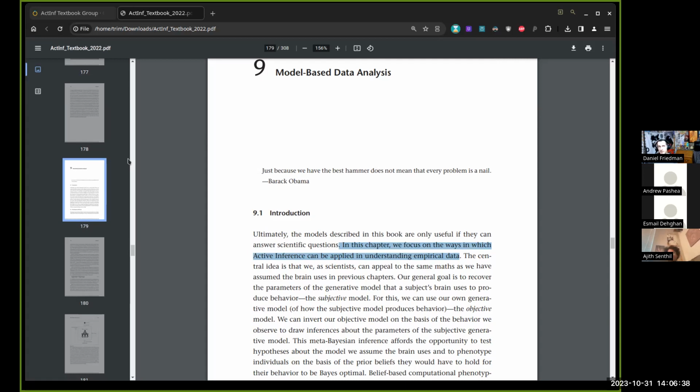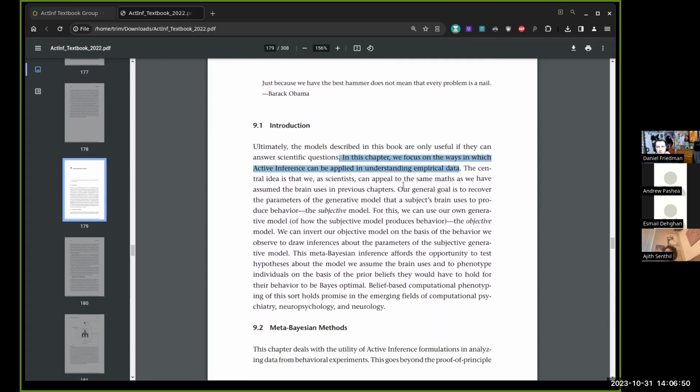They're all proposed as thought experiments more than anything else, although there's a lot of citations to the empirical work, like in chapter 5. Here, though, they're going to go into detail about how you interface the generative model with empirical data.